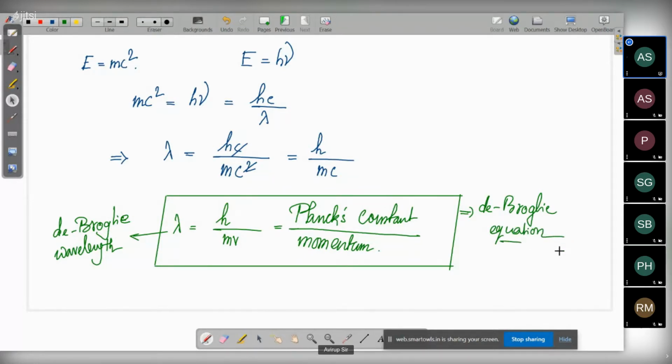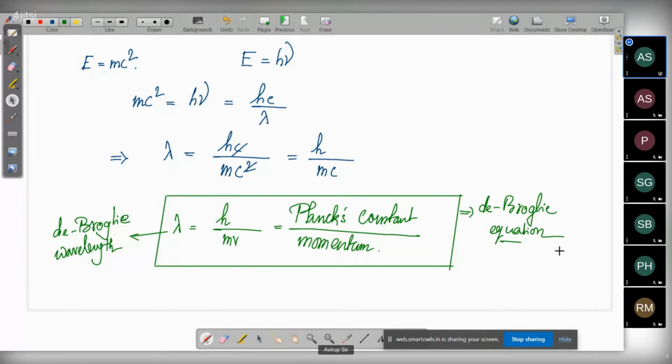Now this de Broglie equation is actually saying that both particle nature and wave nature simultaneously exist in an object. So any object can behave both as a particle and as a wave.